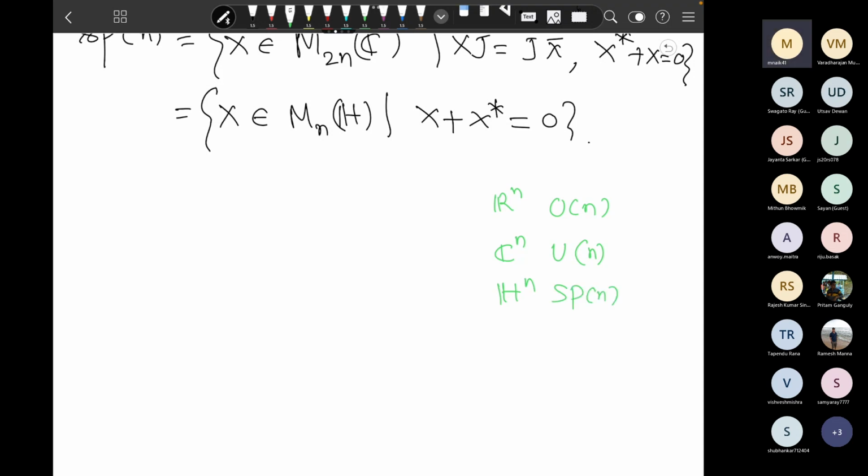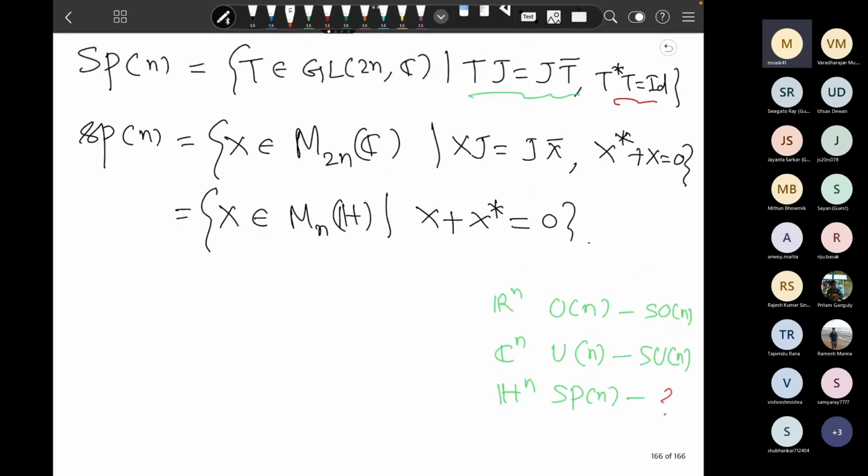Now if you add the condition that determinant of A is equal to 1, then in the case of R^n you get SO(n), and in the case of U(n) you get SU(n). The question is whether you get something in the Sp(n) case. You will see that you will not get anything because the determinant will always be 1.